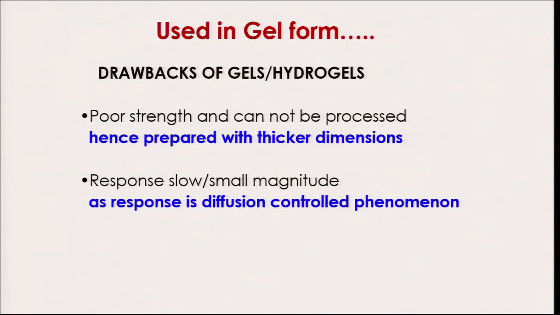But the moment you make thicker dimensions, the response becomes slow, it will swell slowly, it will collapse slowly, and not only that, the magnitude of response, that means how much will it swell and how much will it collapse, will also reduce, because the response is a diffusion controlled phenomenon. It happens because the water molecules are diffusing in, interacting with the polymer chains, or they are diffusing out.